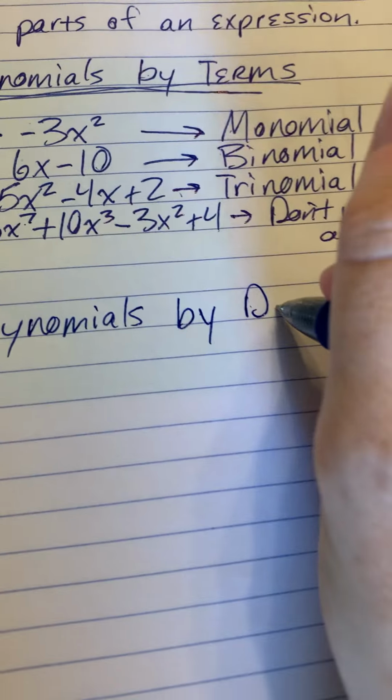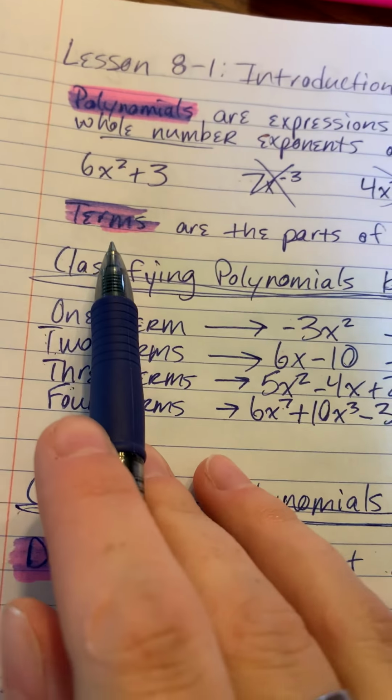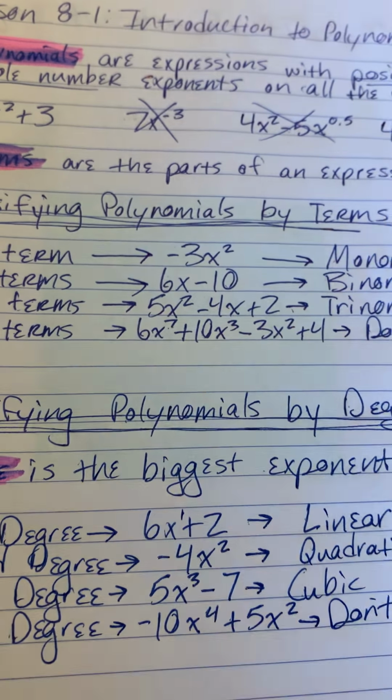Once again, I'm going to write, don't worry about it for the name, because we're not going to learn the names for that. We're only going to do the names for the first 3 because we're in Algebra 1. Algebra 2, they'll make you worry about that. Remember, degree is the biggest exponent. Terms are the parts of an expression.